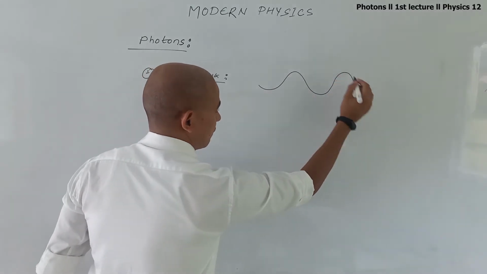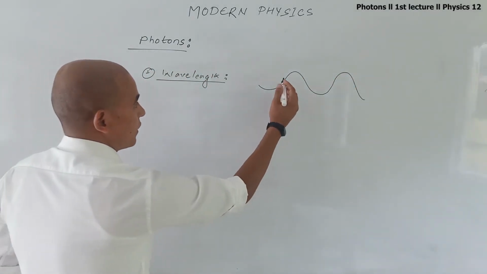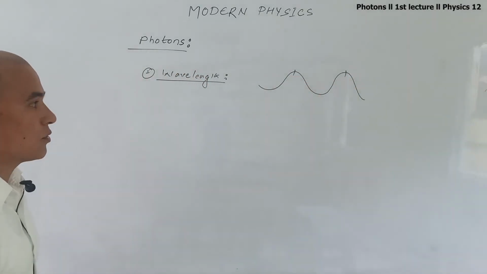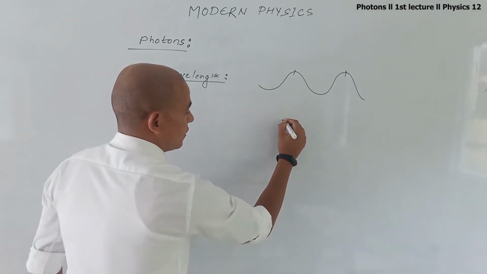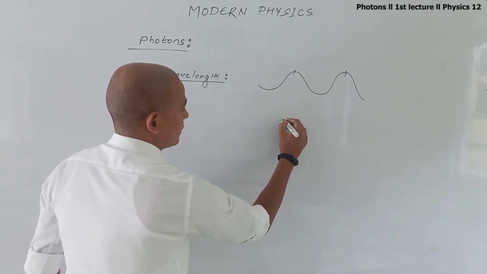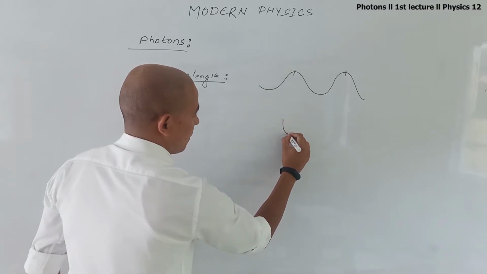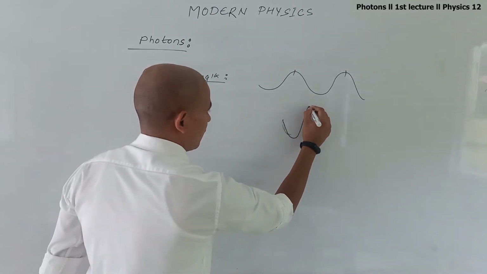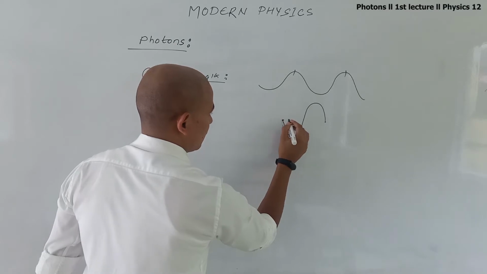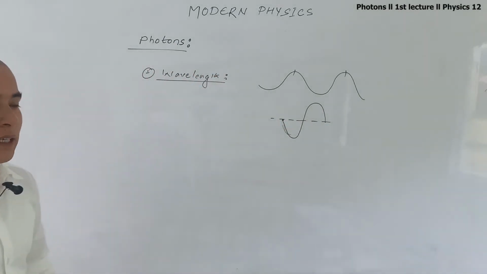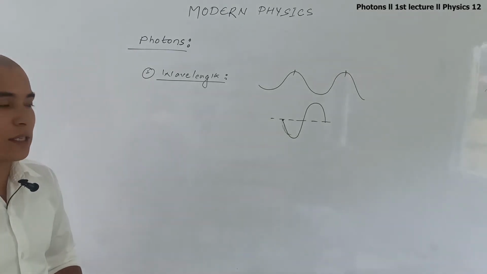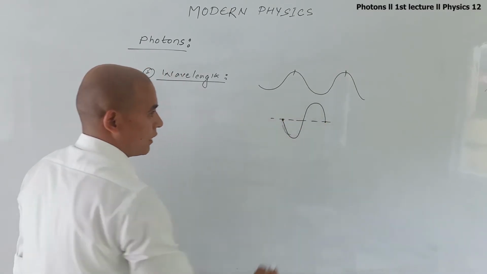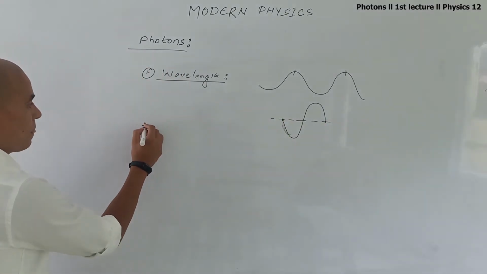When a transverse wave or a longitudinal wave travels, the distance from crest to crest, or from trough to trough, or when the wave completes one cycle, from starting point to end point, is the wavelength.